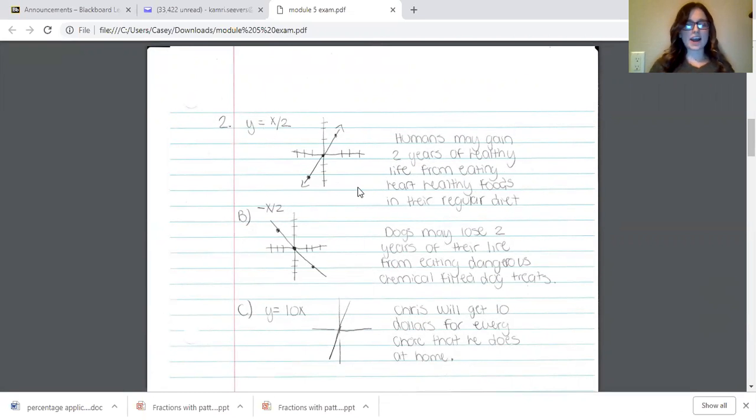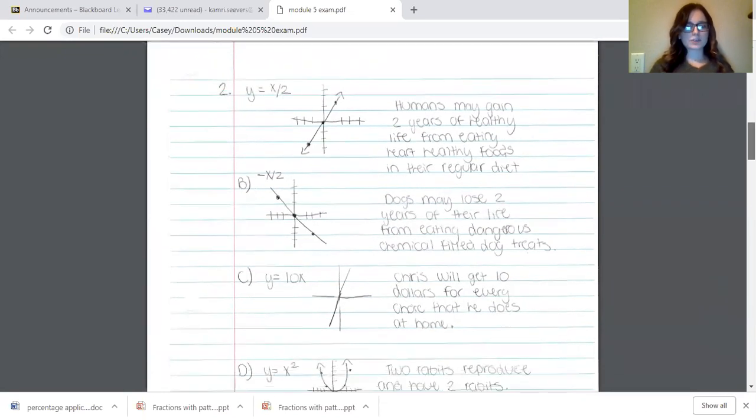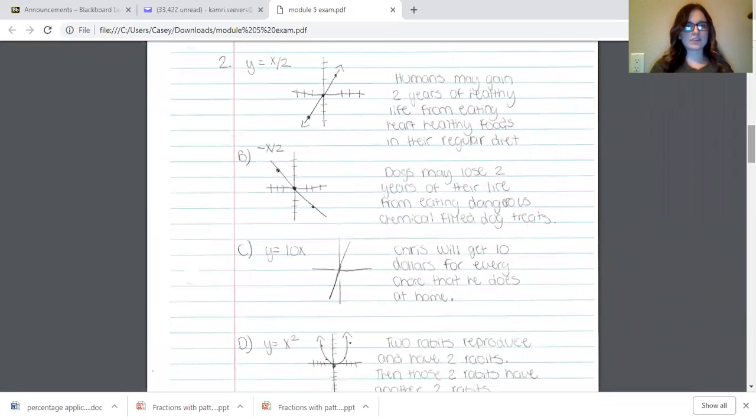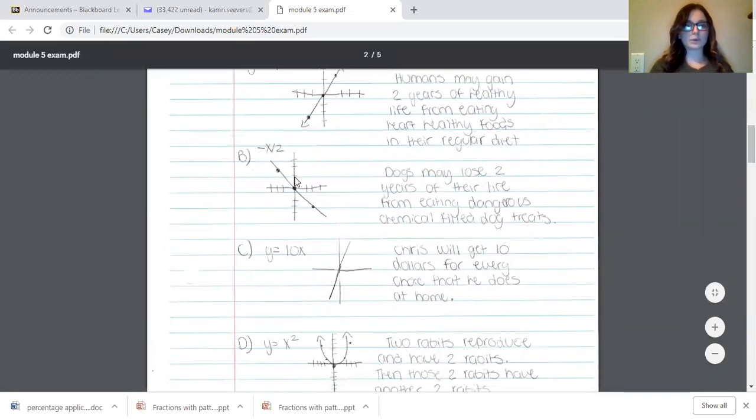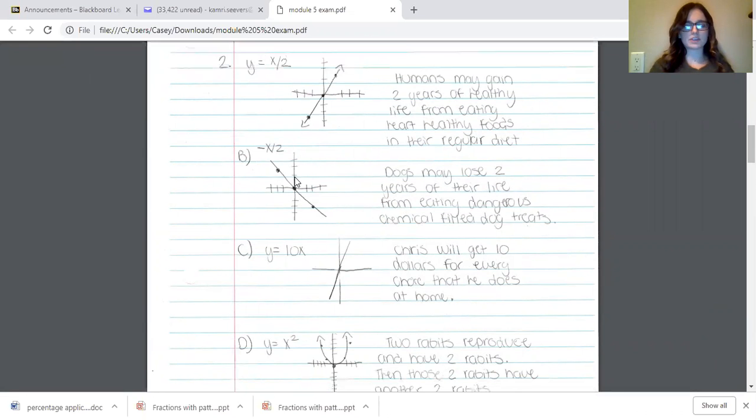So for A, I said humans may gain 2 years of healthy life from eating heart-healthy foods in their regular diet. So for B, we have negative x over 2, or y equals negative x over 2. So I said dogs may lose 2 years of their life from eating dangerous chemical-filled dog treats.